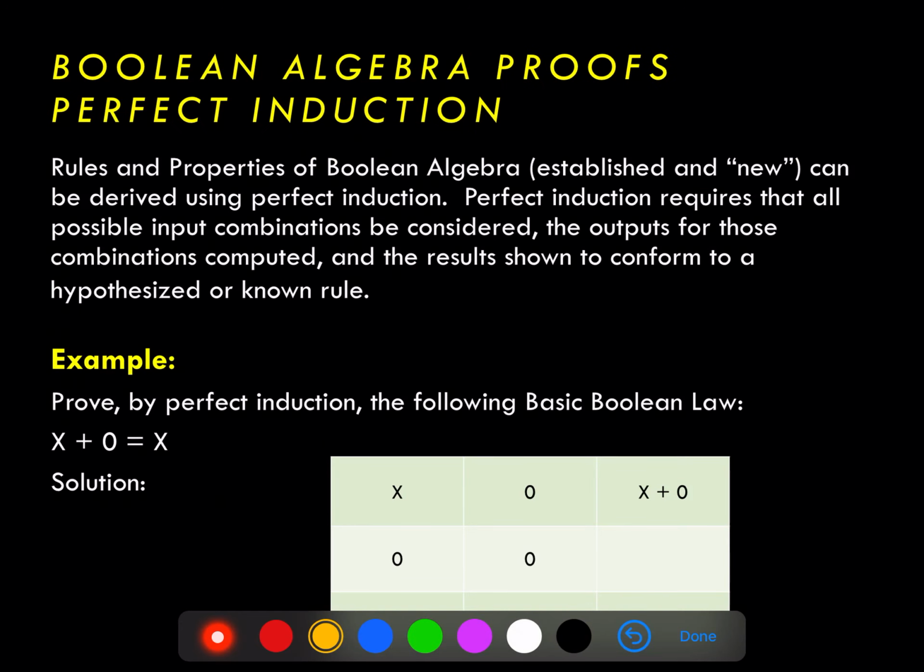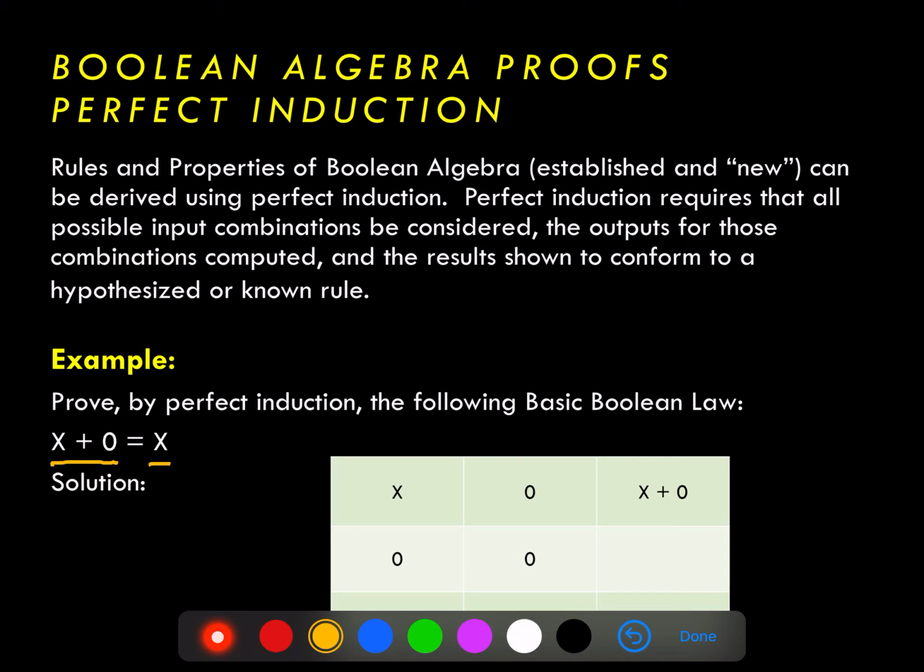Now there are many properties, rules, theorems, laws of Boolean algebra, established and new ones that we can derive by perfect induction. And the goal in perfect induction is to consider the left-hand side of the equation and the right-hand side with all possible combinations of the input variables.